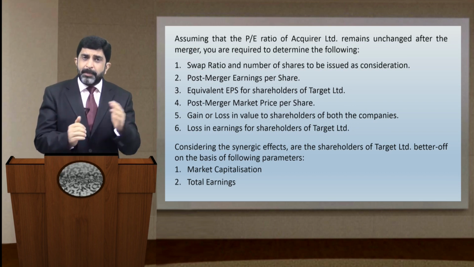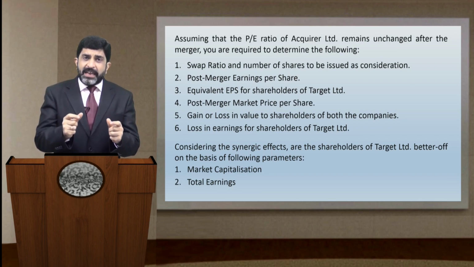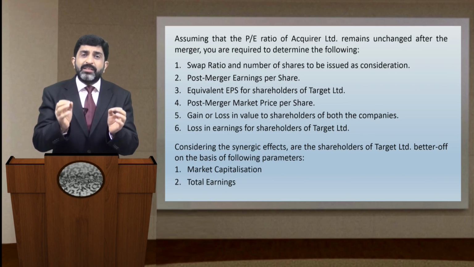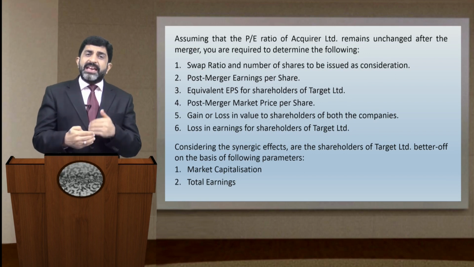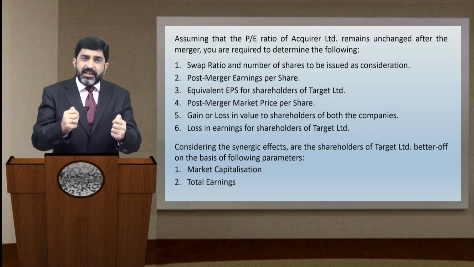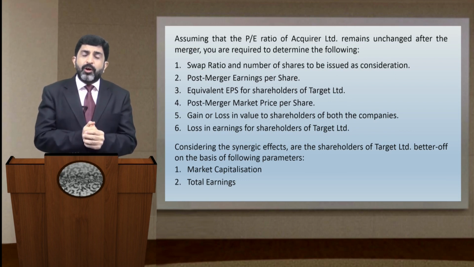So what happens? Generally what you have seen in the past, when the acquisition is on the basis of market price, what happens to the shareholders of the target company after merger? We have seen that they generally suffer a loss of their earnings, correct? And therefore, to be indifferent with their earnings, they would always demand more number of shares, and generally they would demand the stock swap on the basis of EPS.